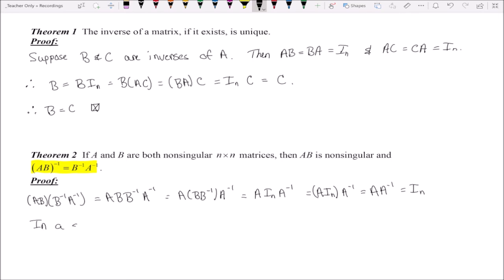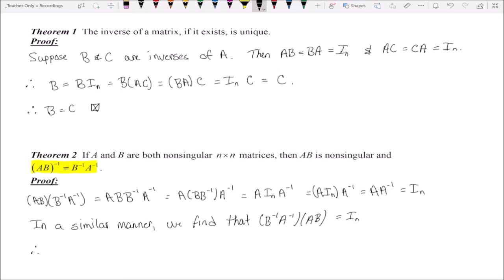Well, in a similar fashion, we can find that B inverse A inverse times AB is also equal to the identity.